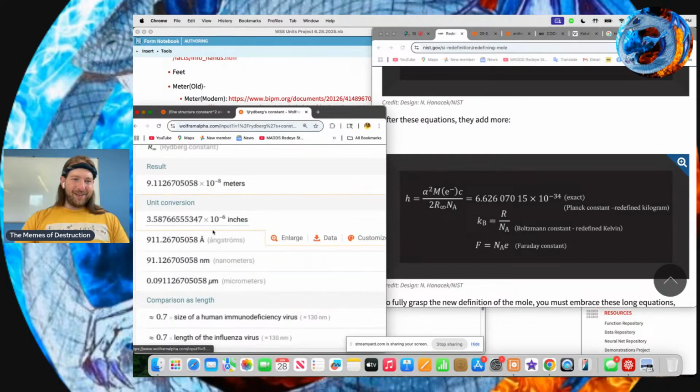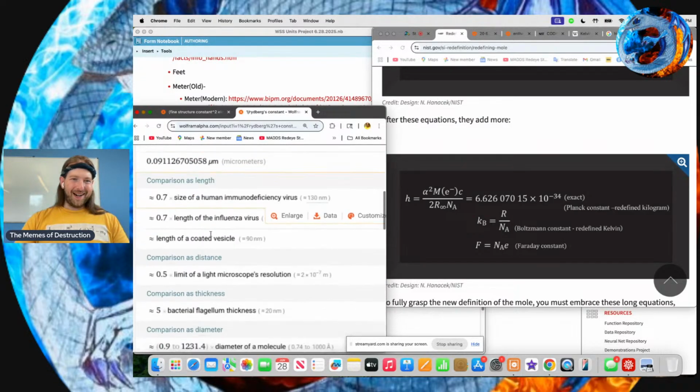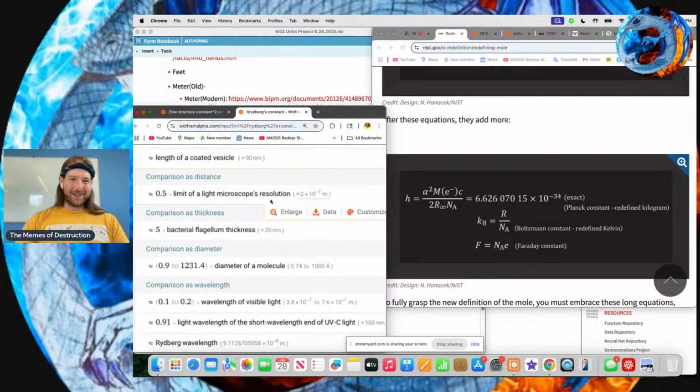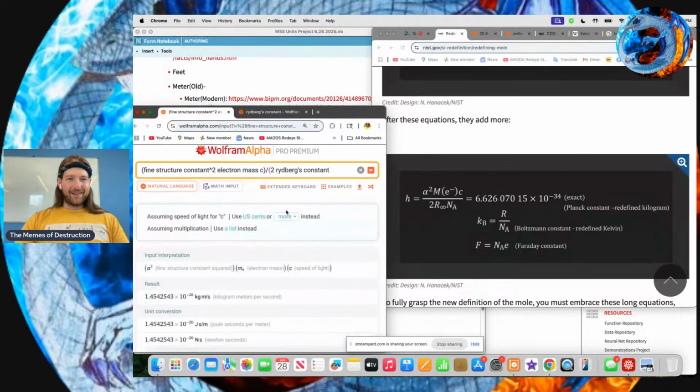All right. How about the limit of a microscope's resolution? Okay, so we got 2 of those, and then I think that's Avogadro's number.